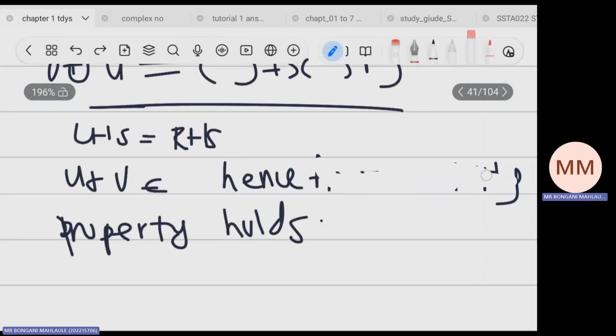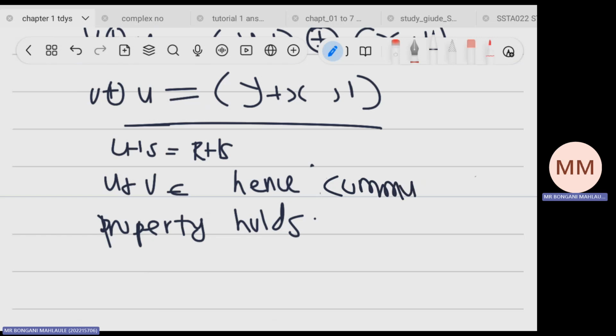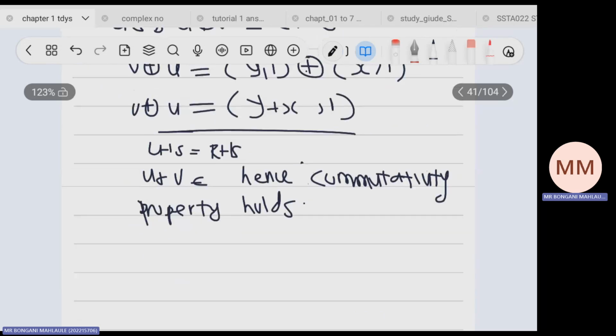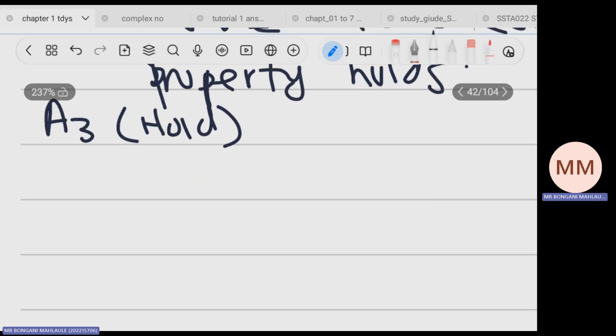I'm going to skip associativity, right? Because they will have to introduce new variables, but which is also not a problem. Hence, here I was supposed to say commutativity holds. So we're going to skip axiom 3 because we know for sure that it was going to hold.